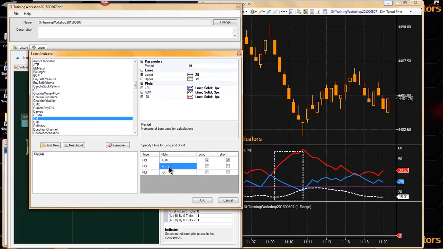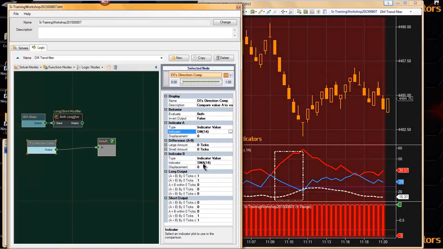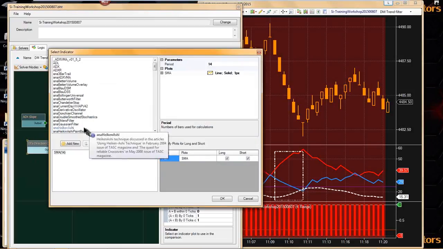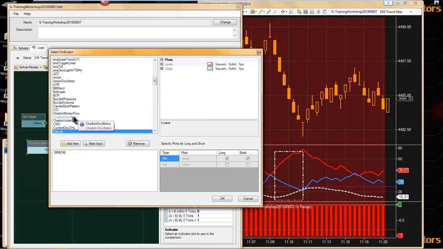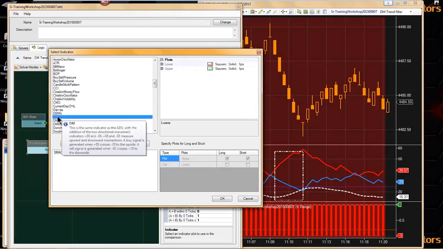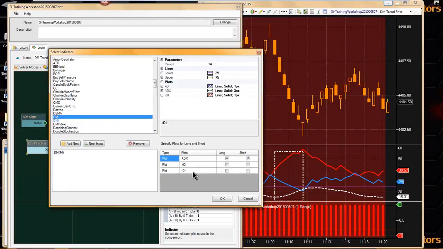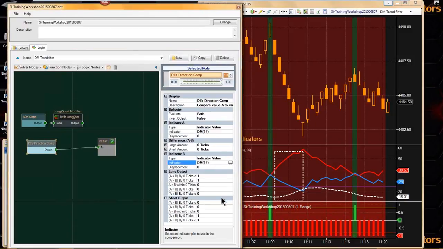And we're going to use the DI plus. That's what we want to analyze, so we'll select that. Then do the same thing down here for indicator B. Take this out, put this DM indicator in here. This time, we're going to select the DI minus, and keep the period at 14.